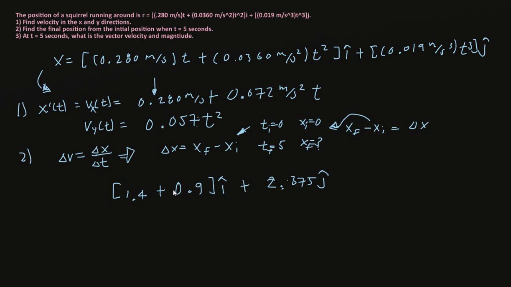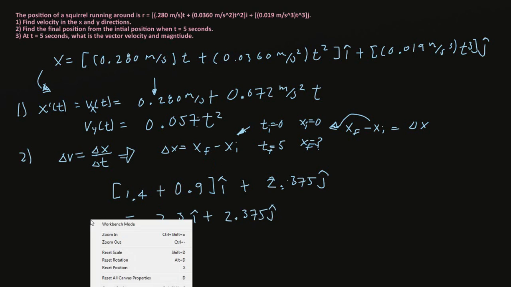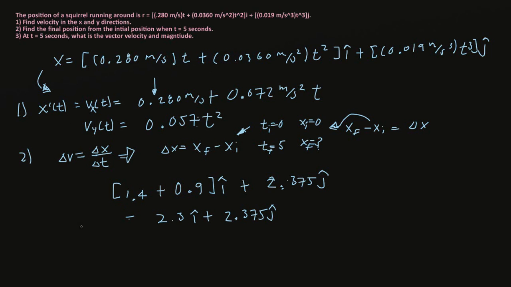So when we put that together, this should be 2.3 i hat plus 2.375 j hat, and this is actually the position vector.